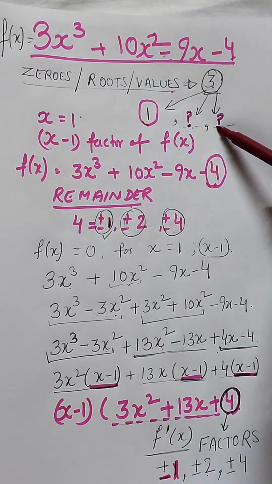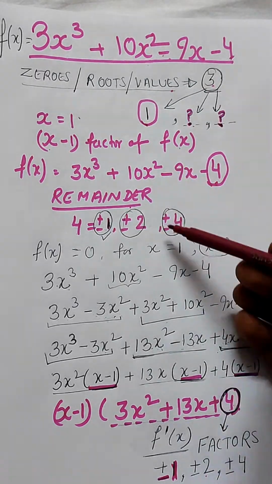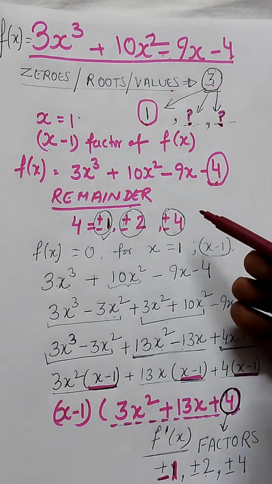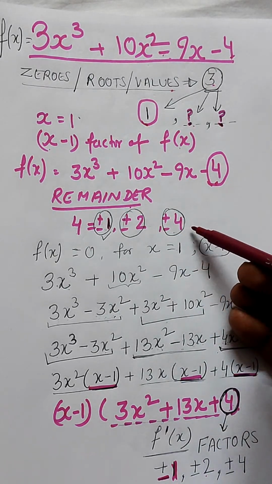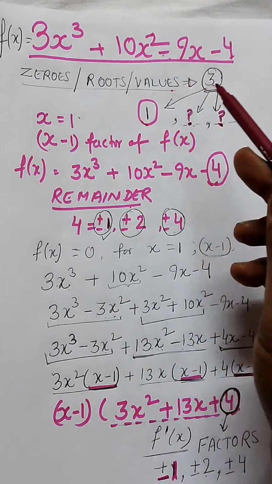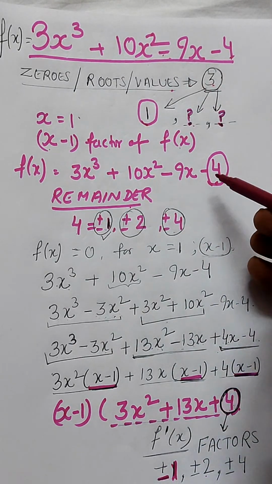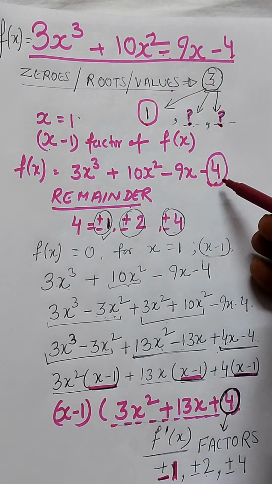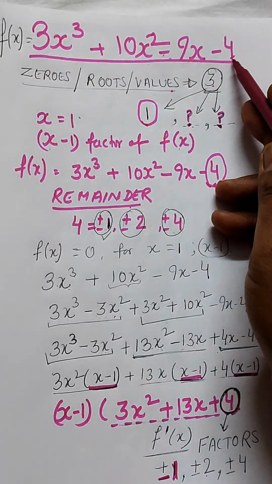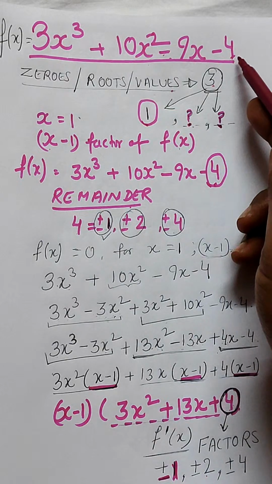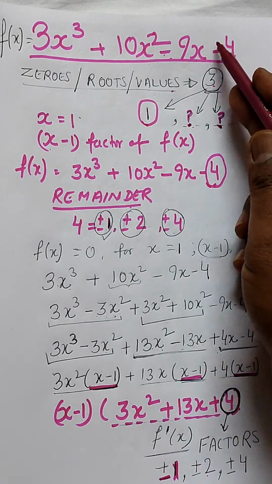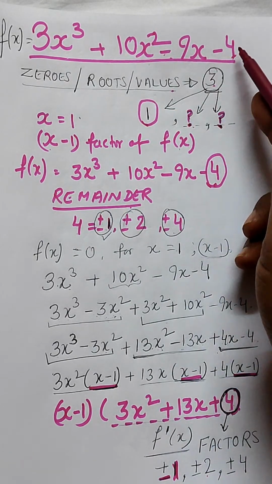To find the second and third, we identified the numbers for which, when you put the value for x, it will become 0. Those will be the factors, right? Here the constant term, we need to take the factors of that. The constant term in this polynomial is 4.